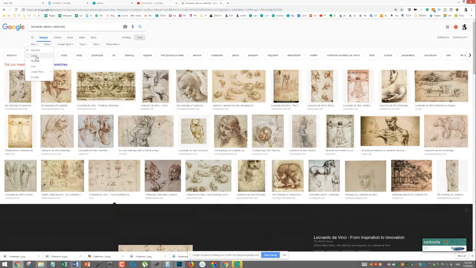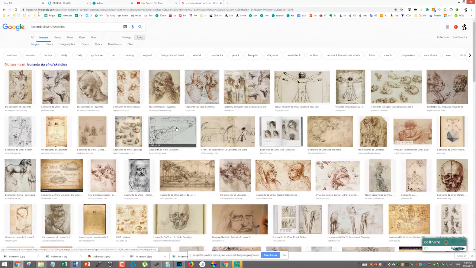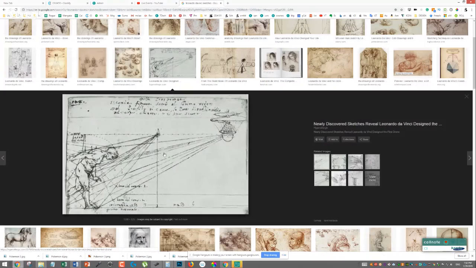No, size large. So yeah, my point is, do an analysis. All of this helps you increase your visual intelligence. No wonder he became a genius. If you don't take the steps of a genius, you won't become a genius.